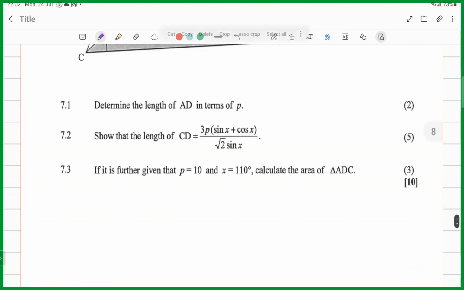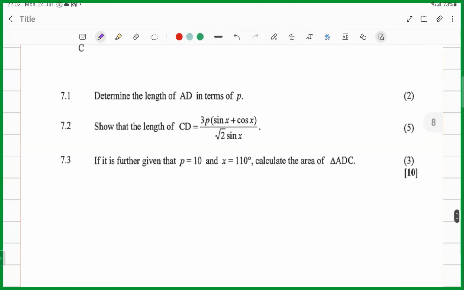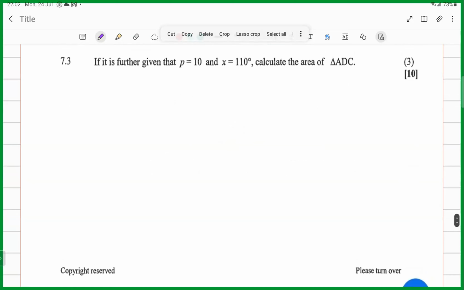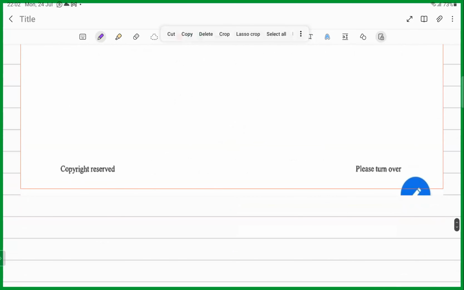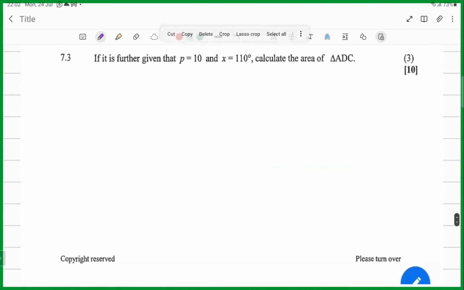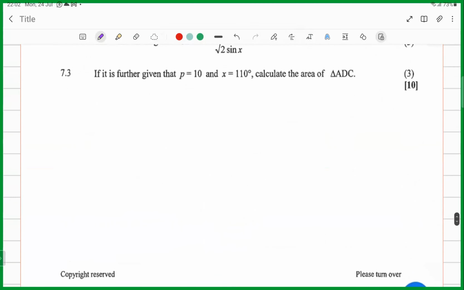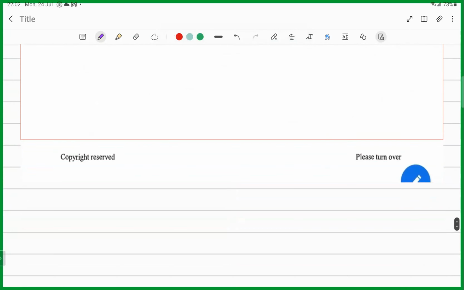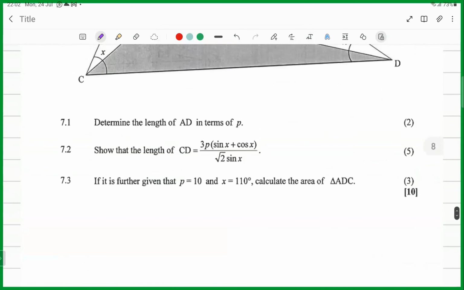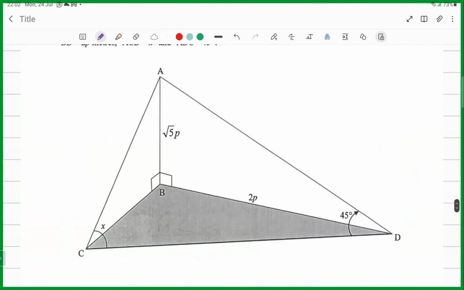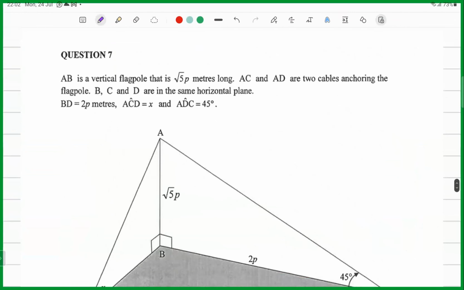Too much stretched. Make it a little bit. Okay, see. Yeah, this is okay. Right, so let's just get cracking again.